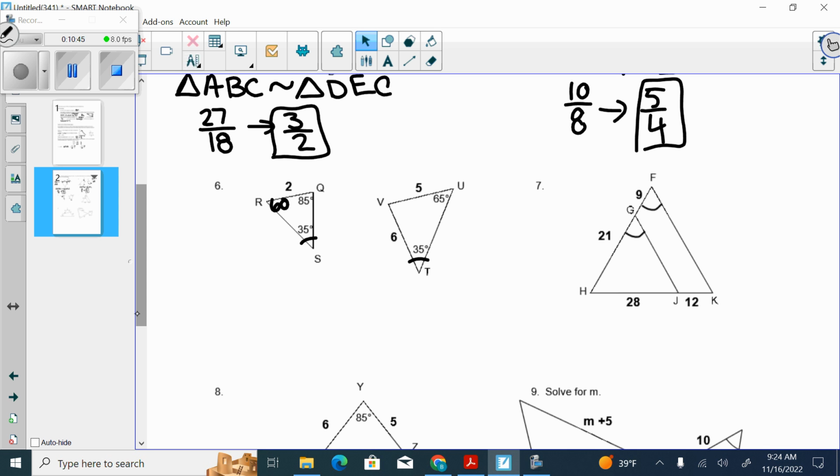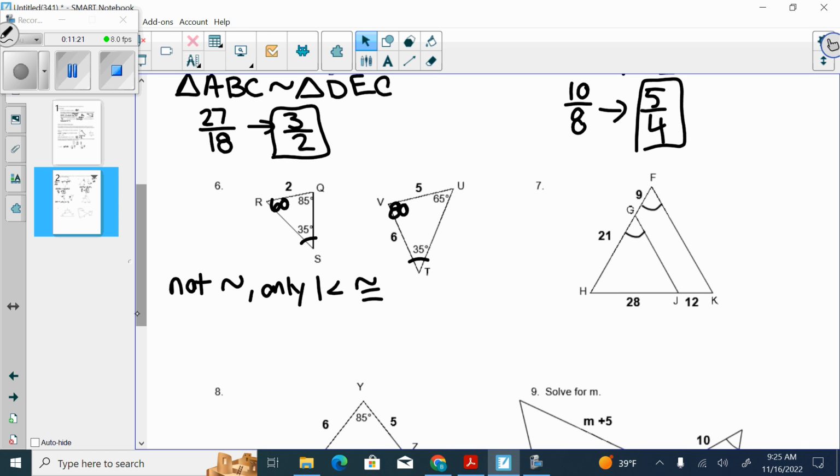And what would angle V have to be in the other figure? 80. So do I have more than one congruent pair? They said if you don't have enough information to prove it, you write that they are not similar. So we don't have enough information to prove it here, so I'm going to say that these are not similar. Our reason here is because we only have one pair of angles that's congruent, right? So only one angle is congruent.